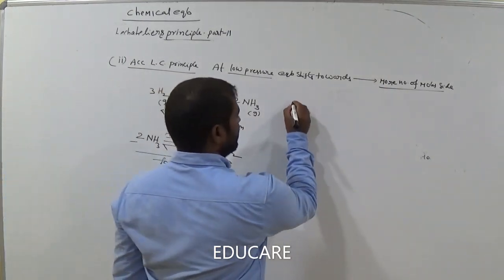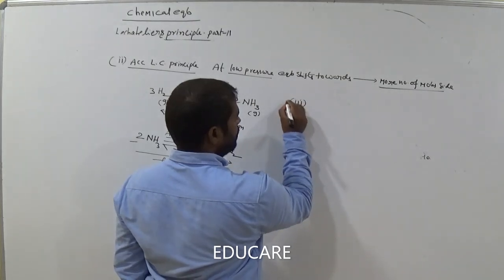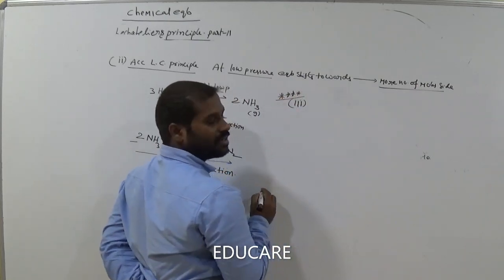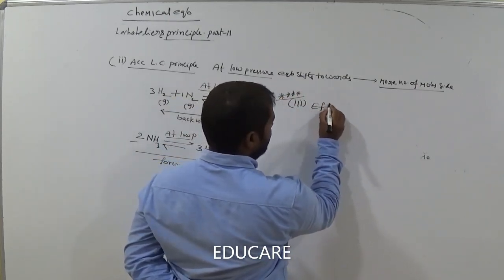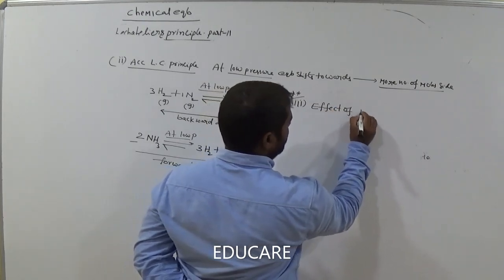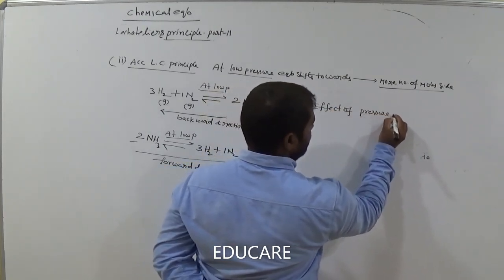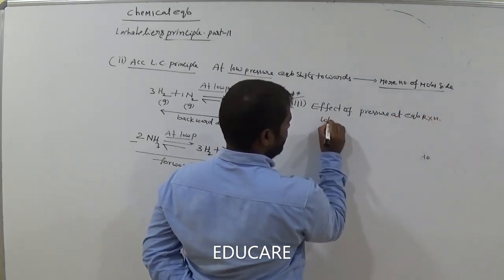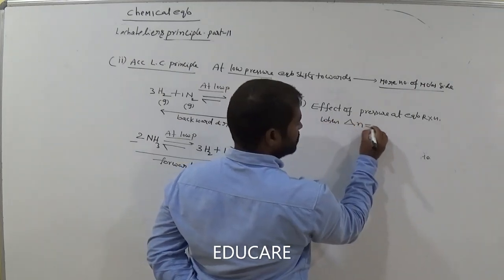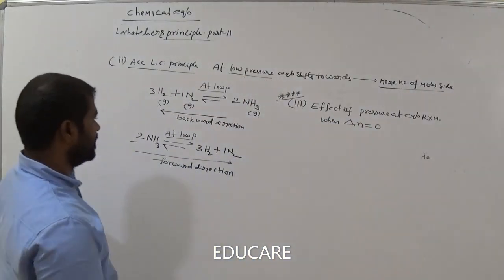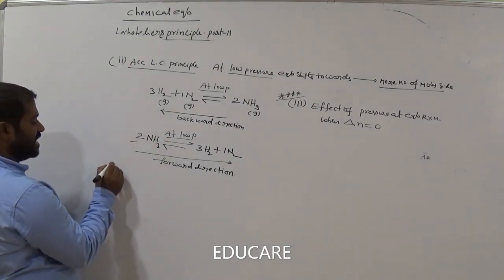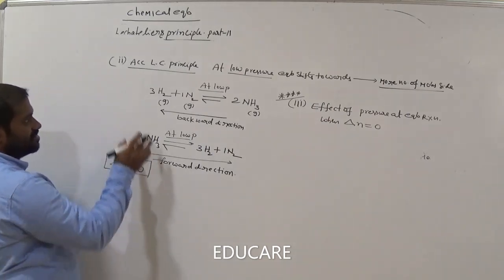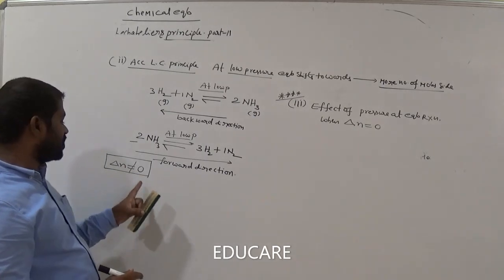And the third case, very very important: effect of pressure on an equilibrium reaction when delta n is equal to 0. In the above two cases, delta n is not equal to 0.